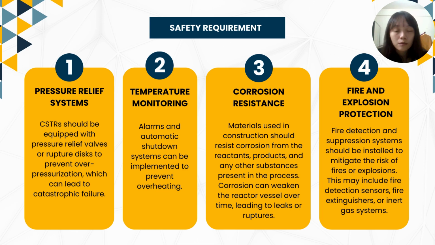The third one is corrosion resistance. The material used in construction should resist corrosion from the reactants, products, and any other substances present in the process. And fourth is fire and explosion protection. This may include fire detection sensors, fire extinguishers, or an inert gas system.